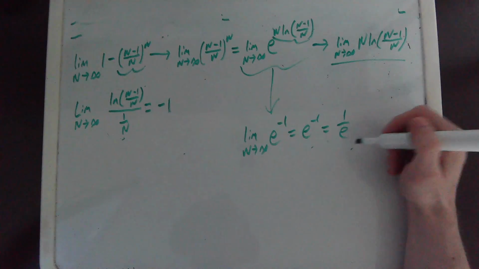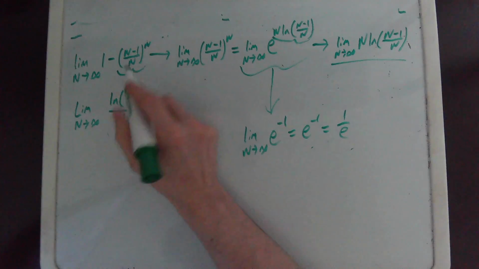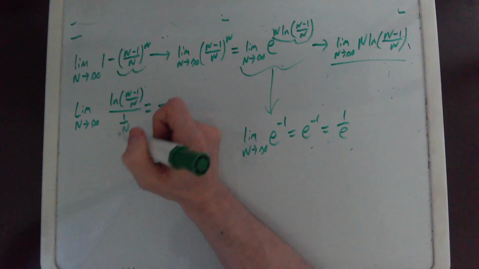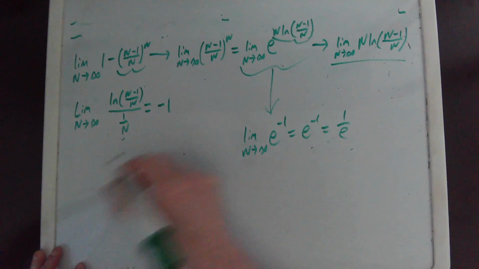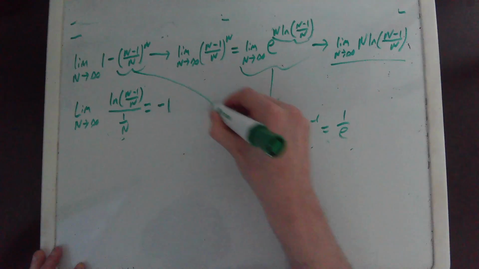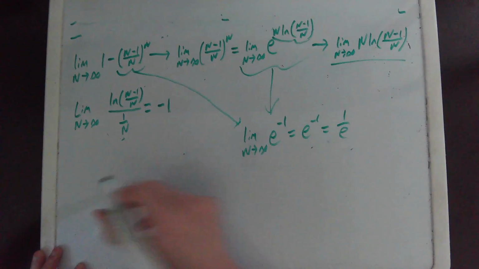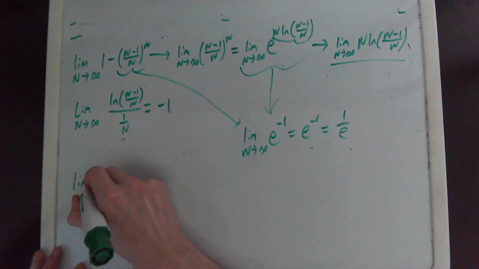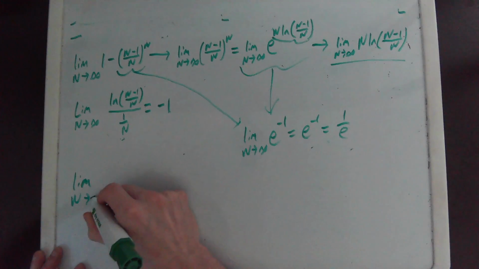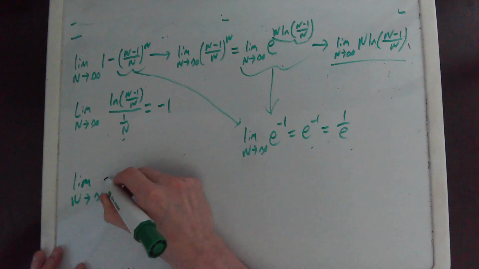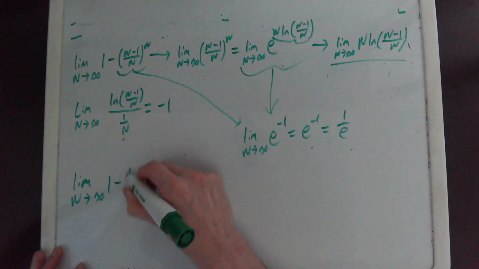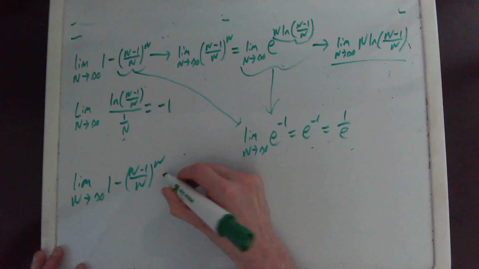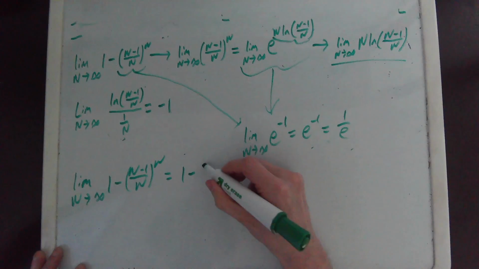And then we still need to go one step further back to our original expression, because remember we dropped this minus 1 because it didn't matter. We really have now that this is equal to our 1 over e. So the final answer is the limit as n goes to infinity of 1 minus 1 over n to the n equals 1 minus 1 over e.